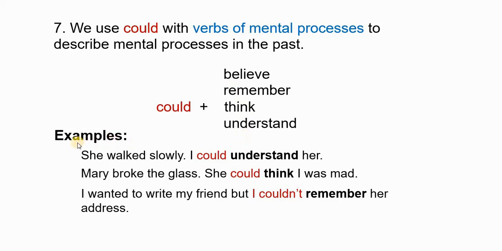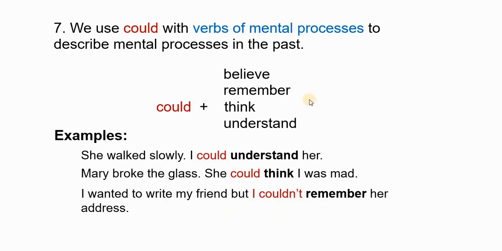So for examples, she walked slowly. I could understand her. Mary broke the glass. She could think I was mad. I wanted to write my friend, but I couldn't remember her address.